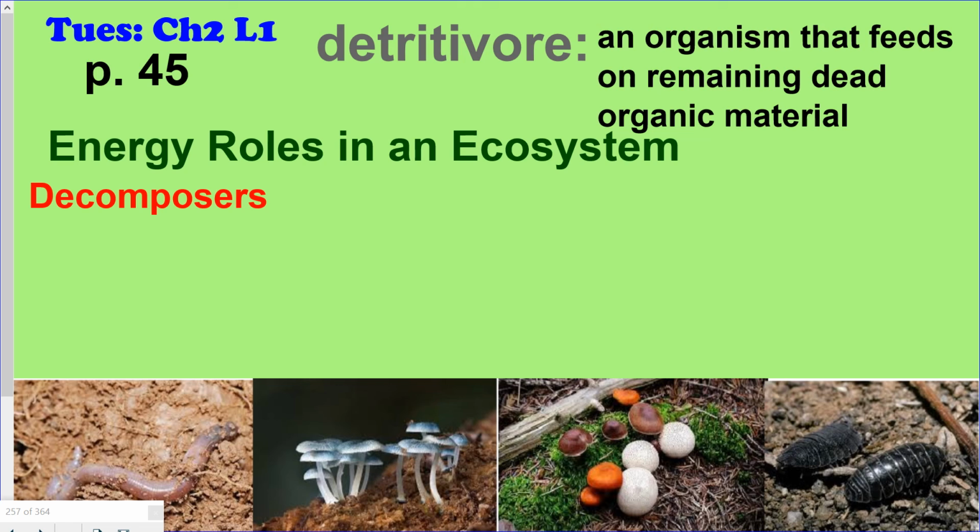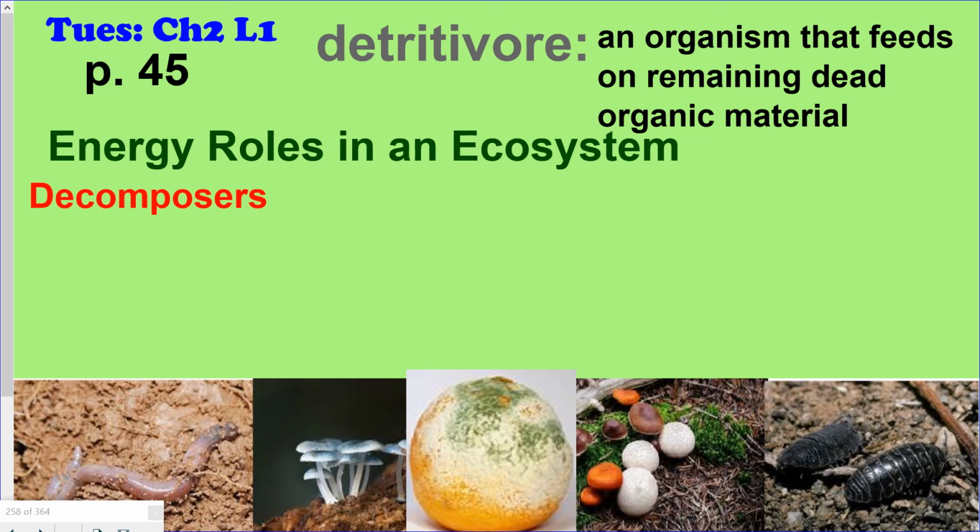As I look at these fungi, the different mushrooms and toadstools, notice they're not green because they do not have chloroplast. They do not have chlorophyll. They are not a plant, even though a lot of people think a mushroom is a plant. It is not. It is a fungus. It's in its own category.